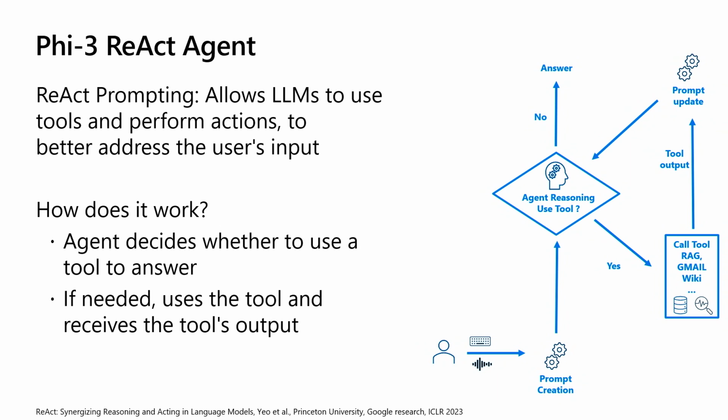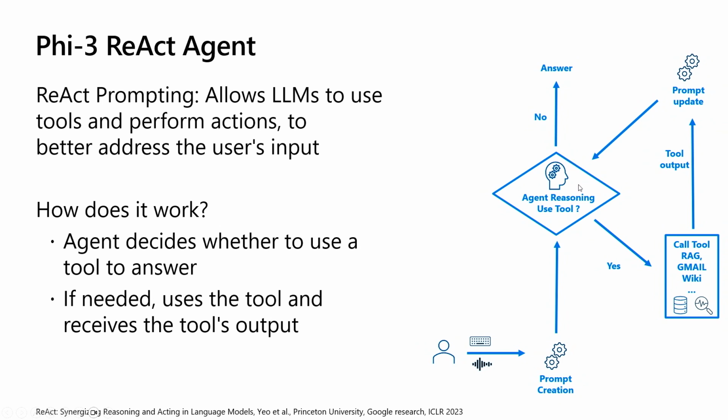In the first phase, we insert the user query into the React template prompt. Then we inject this prompt into the agent. This is what you see in the middle. Now the agent decides whether it needs to use a tool in order to answer the user query. If a tool is needed, it calls the tool, and then the output of the tool goes back to the prompt. The prompt goes back again to the agent.